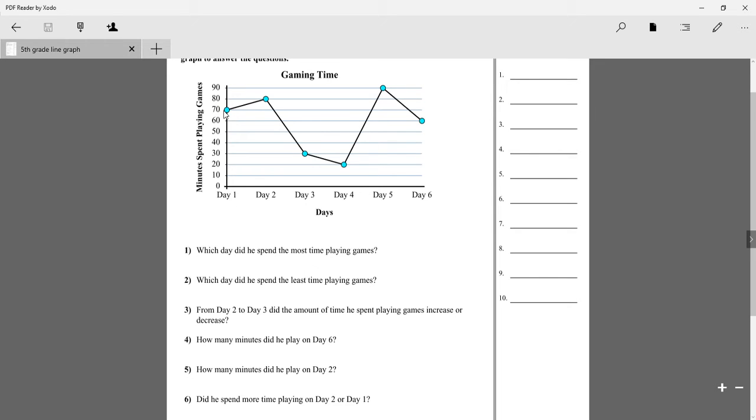So day 1, 70, day 2, 80, day 3, 30, day 4, 20, day 5, 90, and day 6, 60. Okay? So let's go through and answer these questions. Now that we know how the graph is set up and how it works, these questions are going to be super simple.